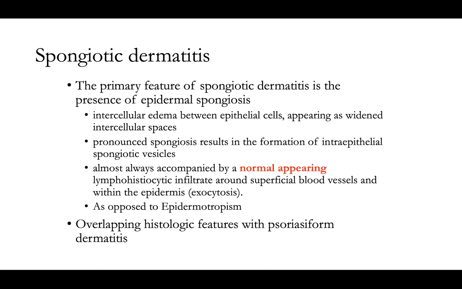A little bit more about spongiosis. It's almost always accompanied by normal appearing lymphohistiocytic infiltrates around the superficial blood vessels in the dermis. And as I just mentioned, lymphocytes within the epidermis, and that's called exocytosis. You can contrast the term exocytosis with the term epidermotropism, which refers to homing of atypical, clonal, or malignant lymphocytes into the epidermis.